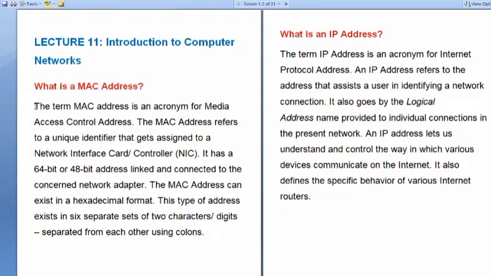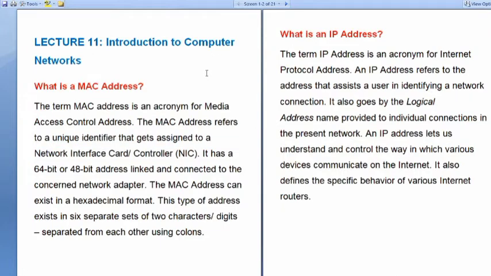What is a MAC address? MAC stands for Media Access Control address. That is the full form. The MAC address refers to a unique identifier that is assigned to a network interface card, or NIC.